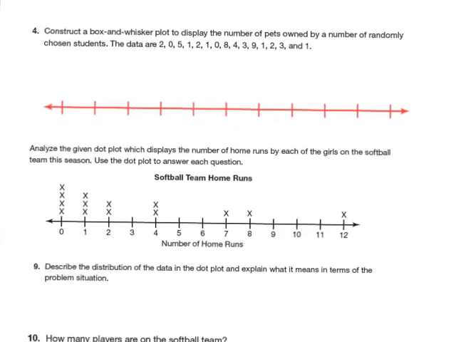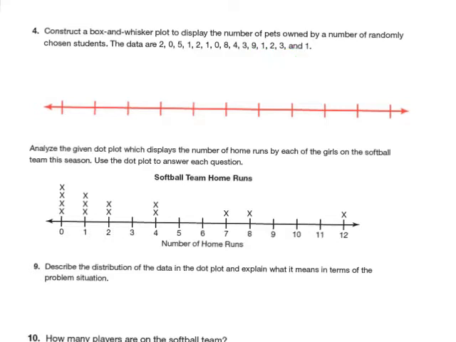Number 4, construct a box-and-whisker plot to display the numbers of pets owned by a number of randomly chosen students. All right, so let's see how many students were randomly chosen. So we got 1, 2, 3, 4, 5, 6, 8, 9, 10, 11, 12, 13, 14, 15.